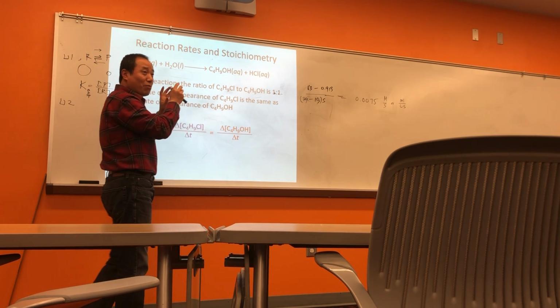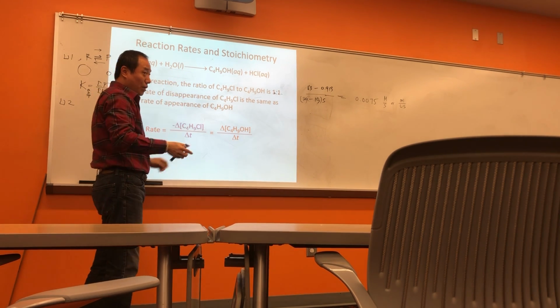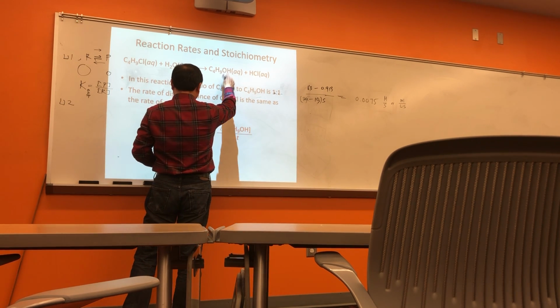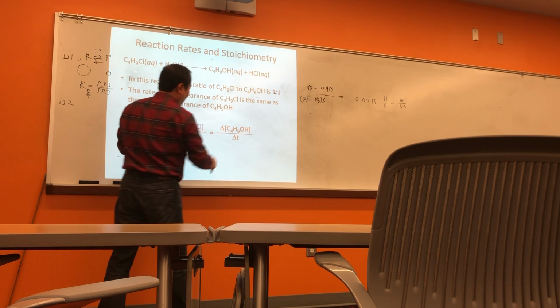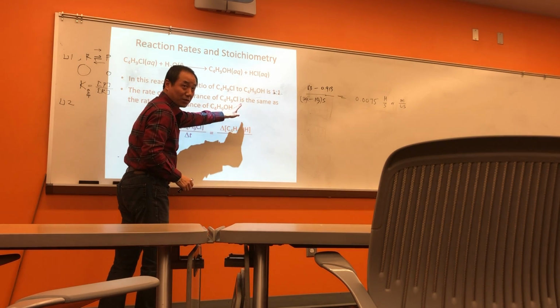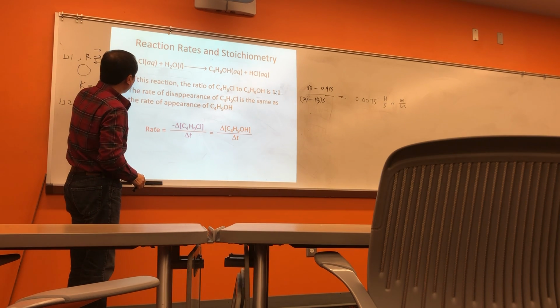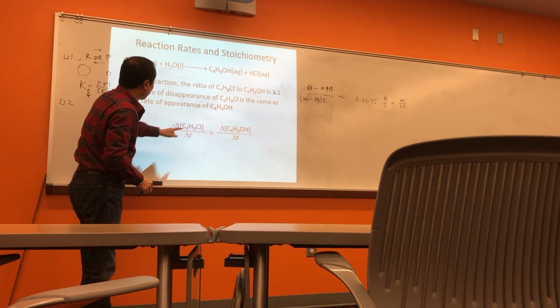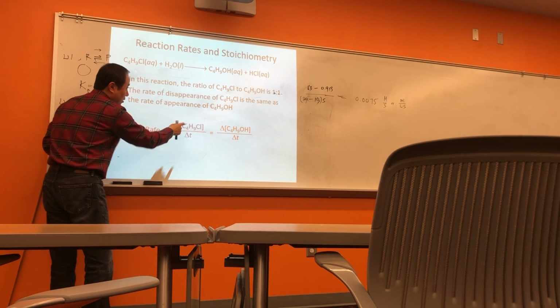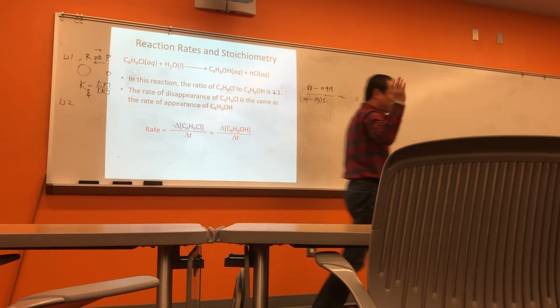If one molecule is easier to monitor, then just stay with that molecule. If it turns out to be a product, it will be a plus sign, because it will constantly increase. If your choice was a reactant, it constantly goes down, so you use the negative sign. This is related to what you asked.